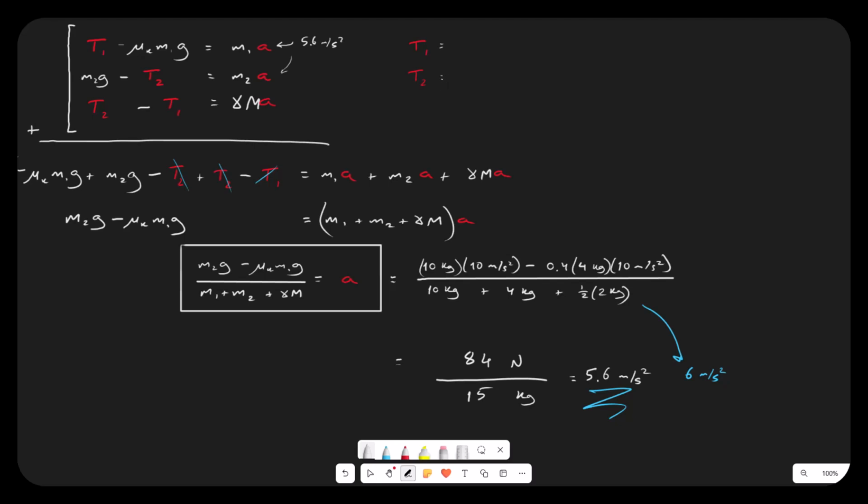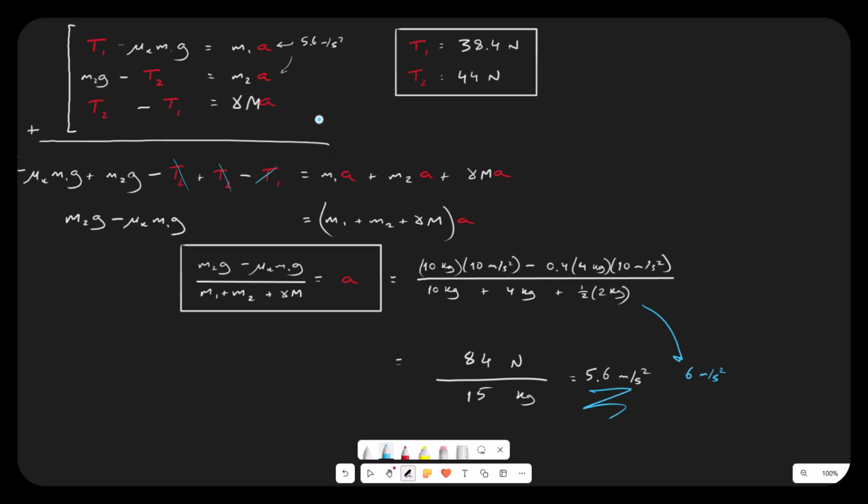Tension 1 will work out to be 38.4 newtons, and tension 2 works out to be 44 newtons. I wasn't really looking for those tensions in the first place, but I had this much, so I might as well.